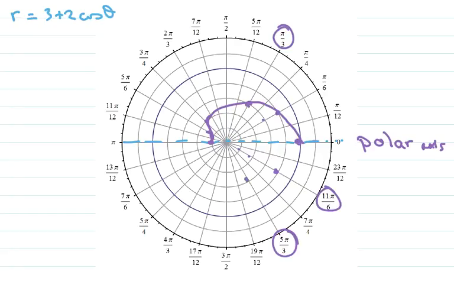And then as we get closer in, 4 pi over 3 is going to go into 2. And then we get closer in here, and it kind of goes out. So it's kind of like this. Again, I'm not very good at graphing, but there it is. All right. That does not have an inner loop.